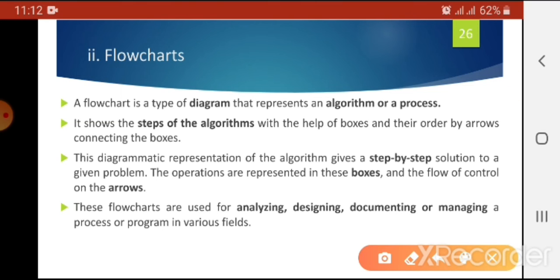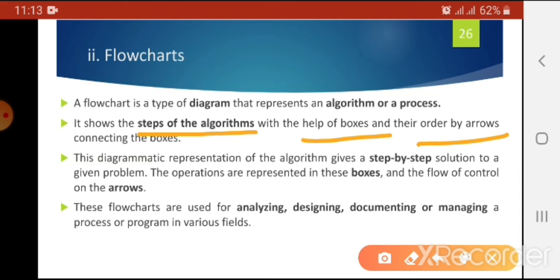So a flowchart is a type of diagram that represents the algorithm or the process. The steps of algorithms are shown with the help of boxes, some specific shapes, and their order is defined by the arrowheads.